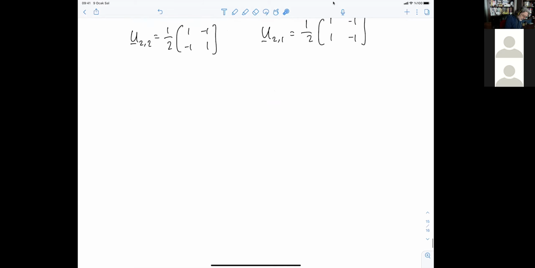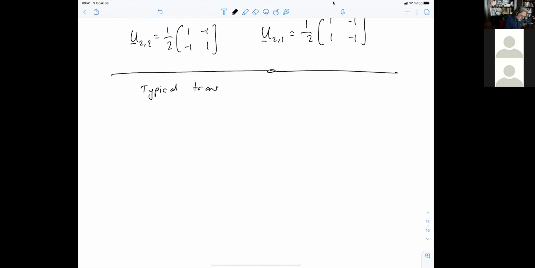So I will quickly move to the typical transforms. And of course, the first typical transform is the discrete Fourier transform, DFT, which is actually the discrete time Fourier series coefficient transformation of periodic signals.